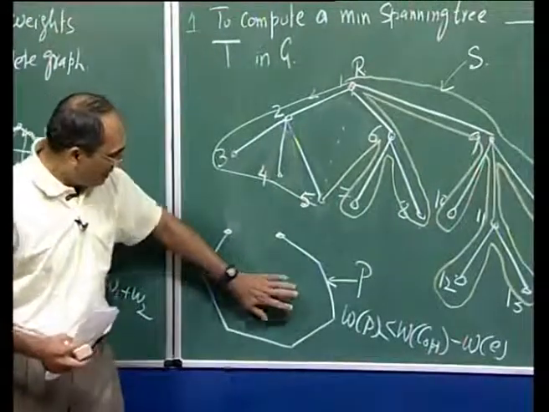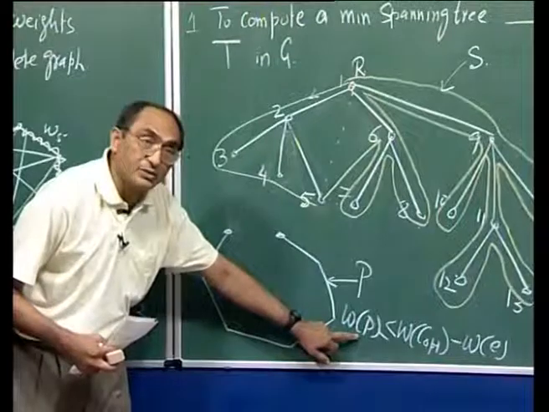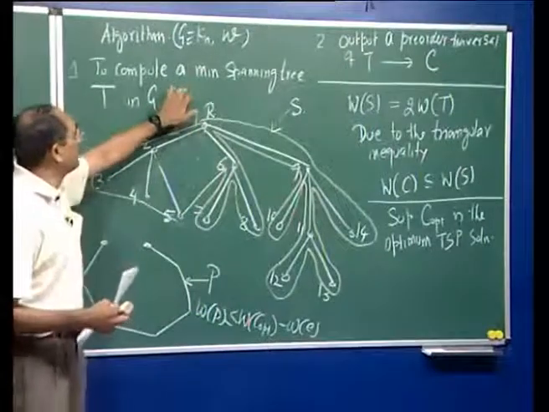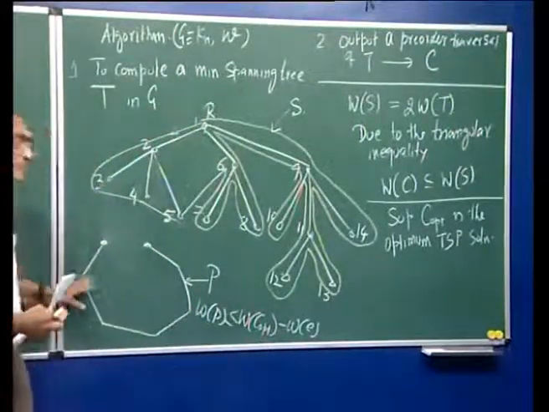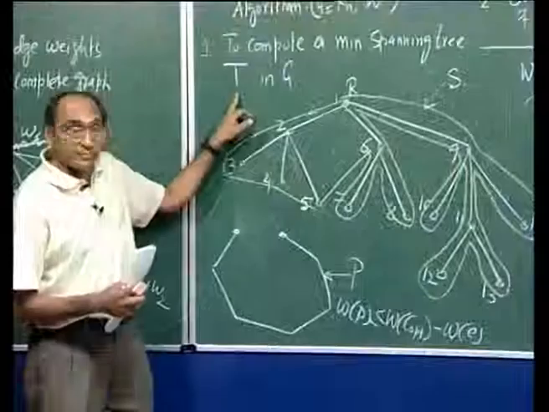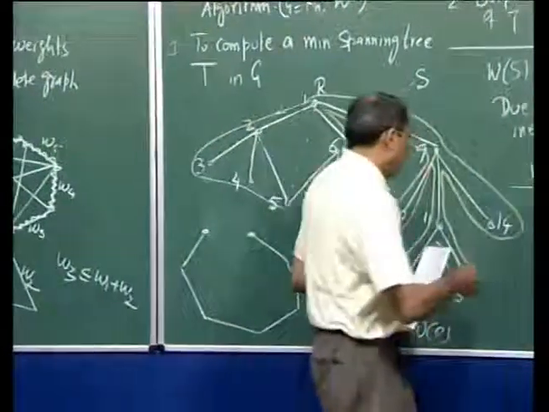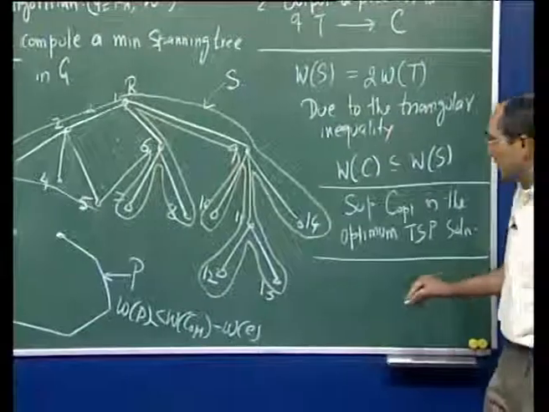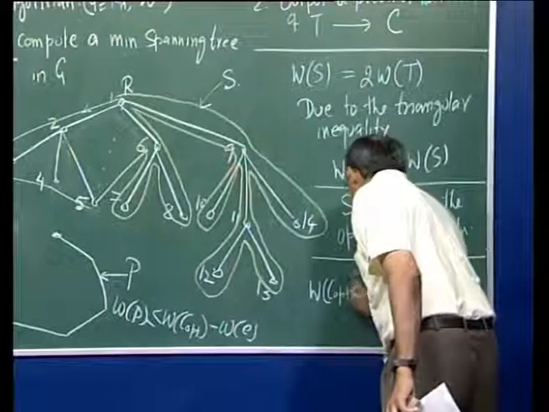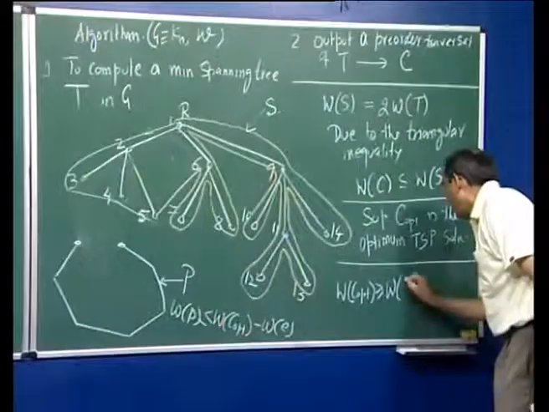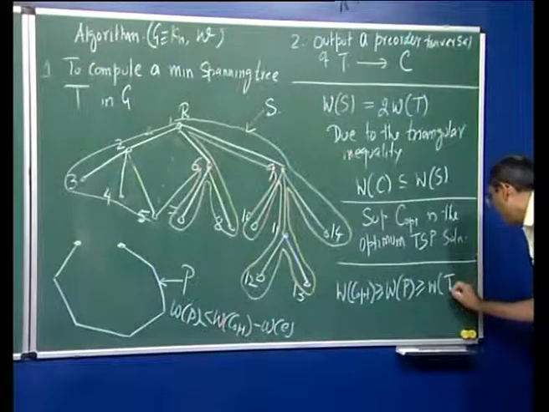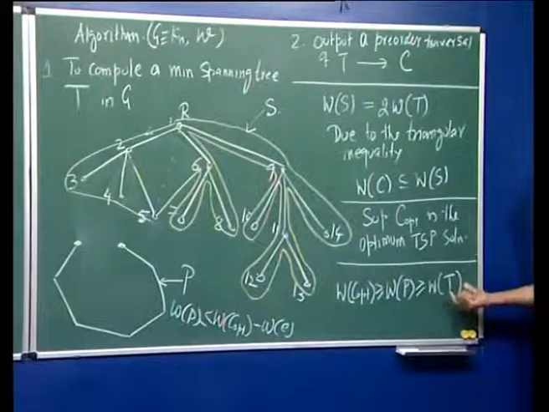So, we know that the weight of P has to be greater than equal to weight of T, because this is a spanning tree, because it passes through every vertex, and T is one of the optimum spanning trees. So, this argument simply shows that the weight of C opt is greater than equal to weight of P, which is greater than equal to weight of T, the optimum spanning tree.